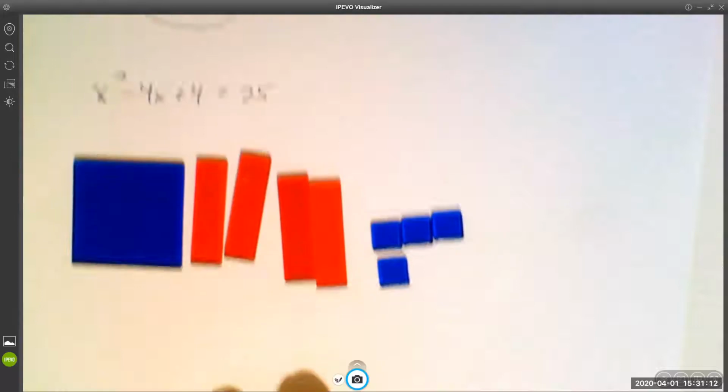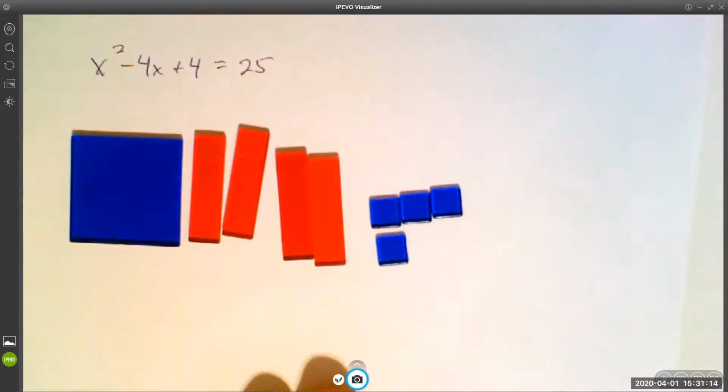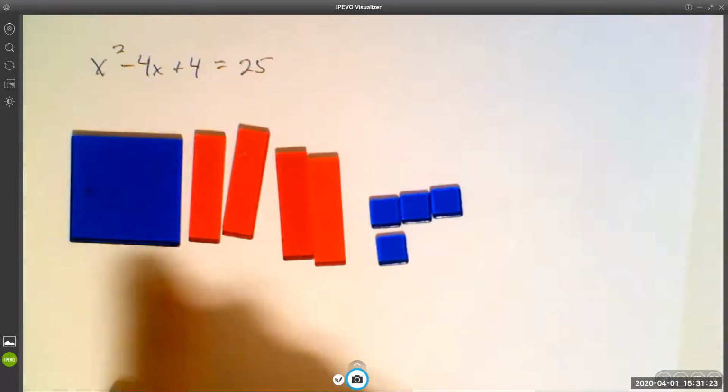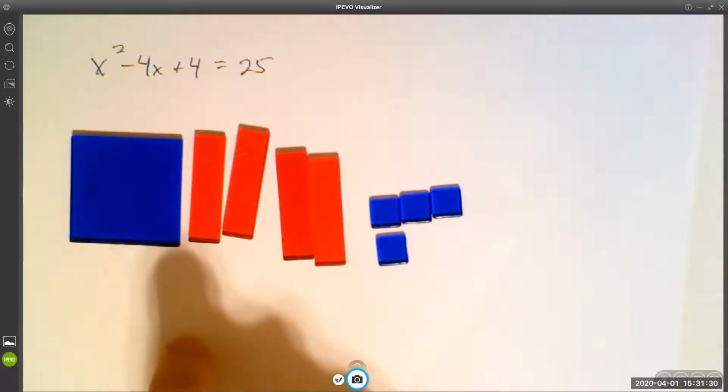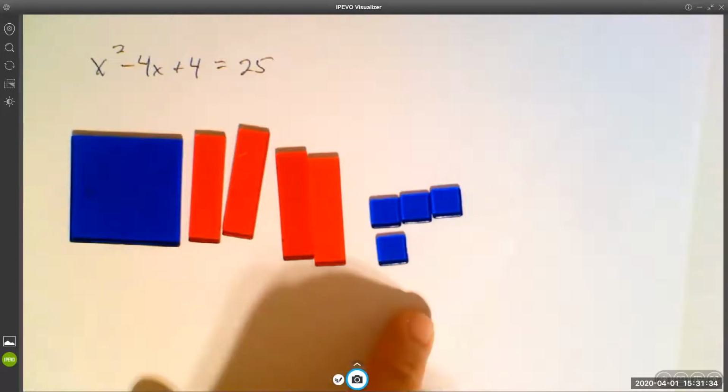Now, in order to get the answer to the equation, we have to get the left-hand side arranged into a square. Okay, so your goal is to take these tiles that you've laid out and arrange them into a square. So if you haven't achieved that yet, pause the video, see if you can arrange these tiles into a square.